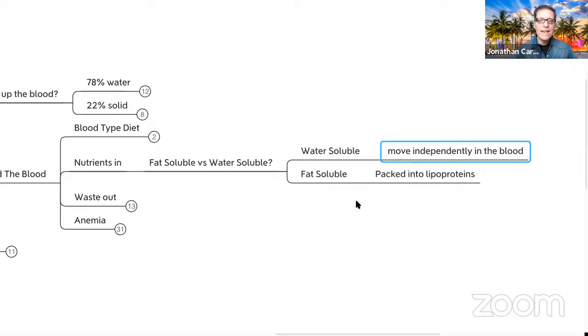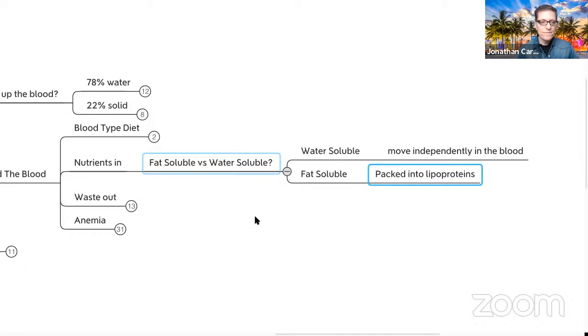So the question is, how does your blood, which is mostly water, transport fat or fat-soluble things? The answer is that it's packed into lipoproteins, lipo meaning fat, and protein, of course. These are basically carrier proteins for fat. And that's basically how your system works.